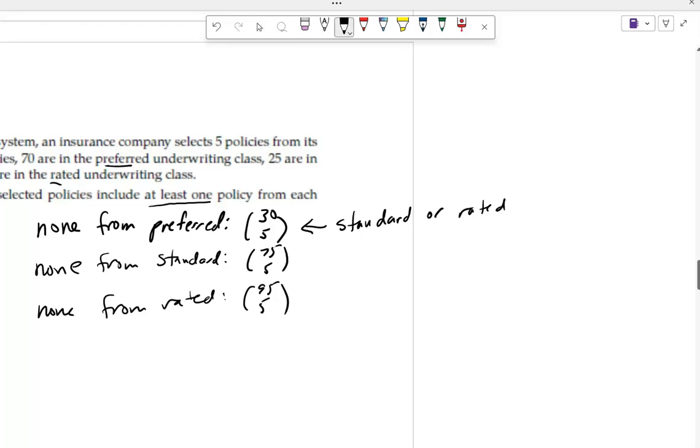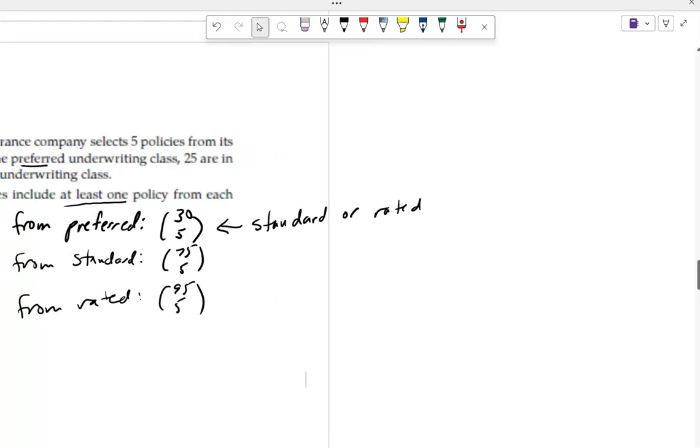All right, so this includes only the rated, right? It could also include only standard, but I'm thinking about going to the next step here. This would be standard or rated, but it also includes the things that are only rated. This one would include only rated as well, which I've already counted here, haven't I?